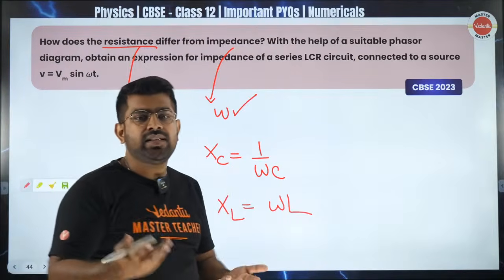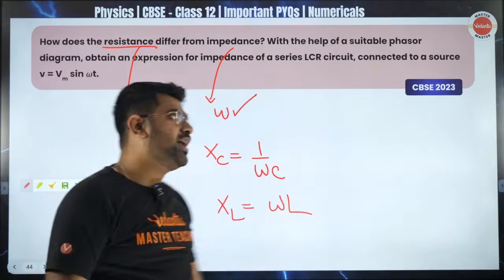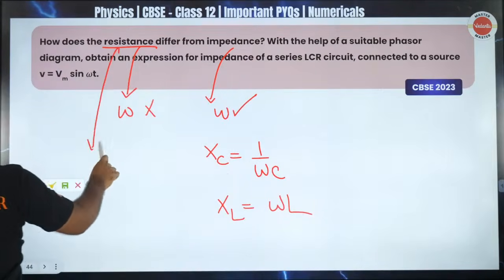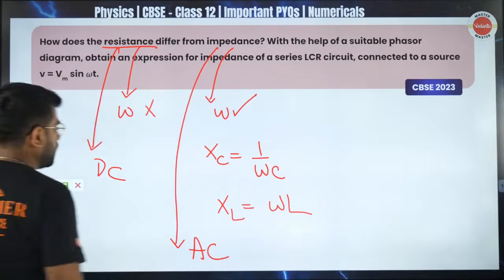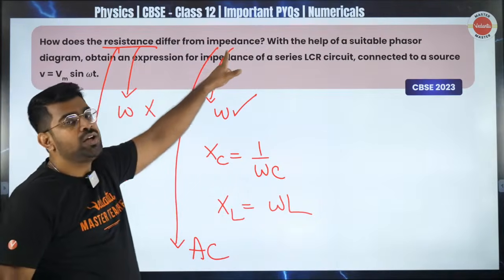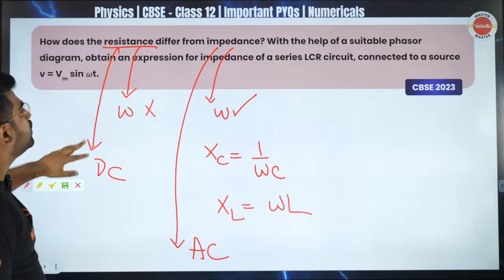Resistance we generally talk about in a DC circuit, and impedance we talk about in an AC circuit. So this is resistance to a DC circuit.